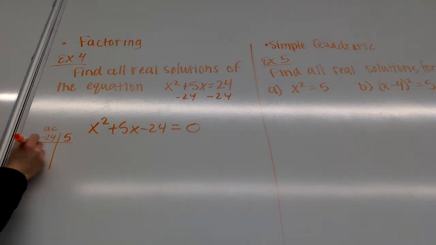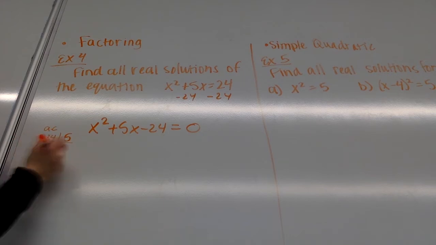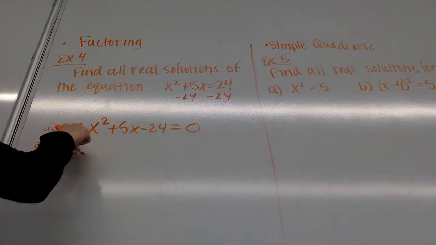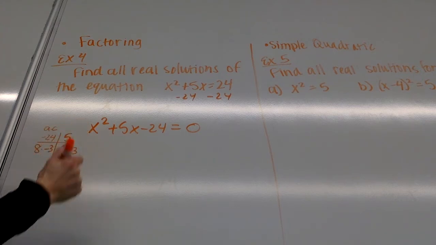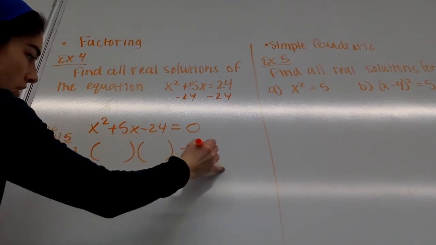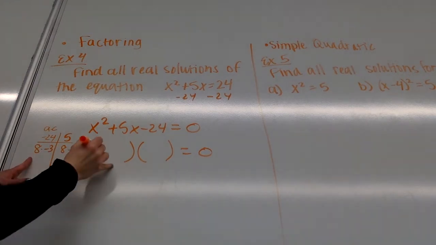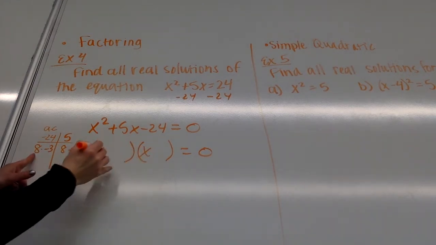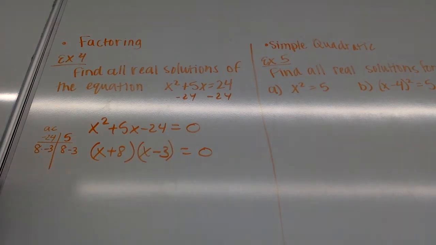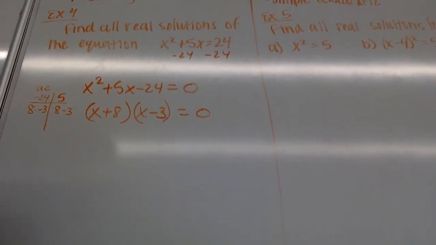You should get 8 times negative 3, or 8 plus negative 3 is going to give you 5. Okay, so now we know our two answers here, and since there's nothing in front here, we can actually just immediately write it in factored form like that. So we're going to get our x's, and our positive 8 and our negative 3 are our two factors, and then we're just going to solve for each of those.